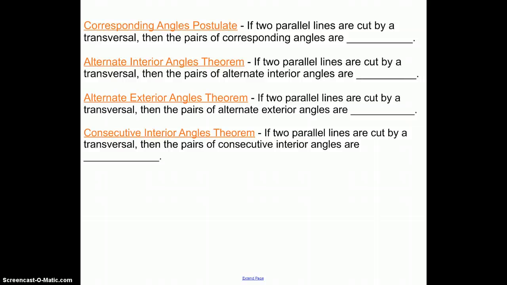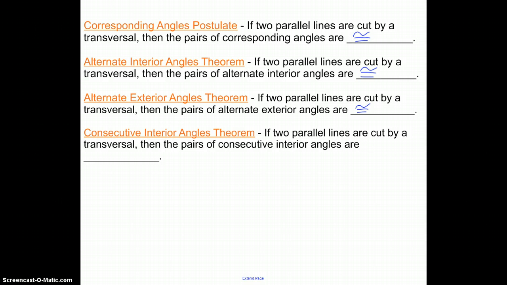The corresponding angles, they were congruent to each other. The alternate, looking at the second theorem here, alternate interior angles, if two parallel lines are cut by a transversal, the alternate interior angles, they were congruent to each other. Alternate exterior angles, parallel lines cut by a transversal, alternate exterior angles, they are congruent to each other.